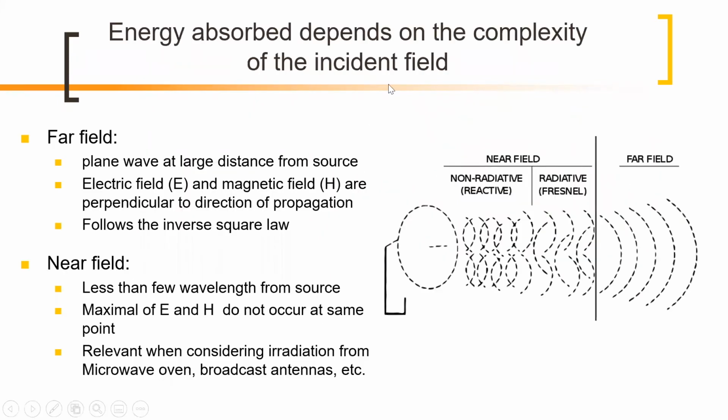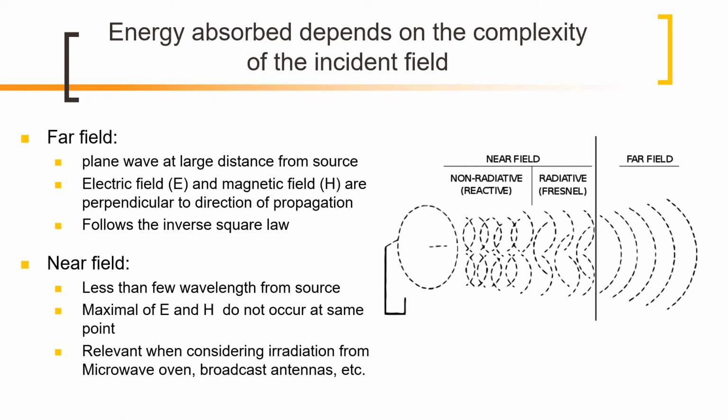Moving along. One of the other factors that affect the coupling of RF with the human body has to do with the complexity of the incident field itself. Largely, the physics that describes this interaction is mostly in the far field. And what do we mean by far field? Here we are looking at a wave that is very far from the source. That is, any change in the source does not affect the propagation of the wave.